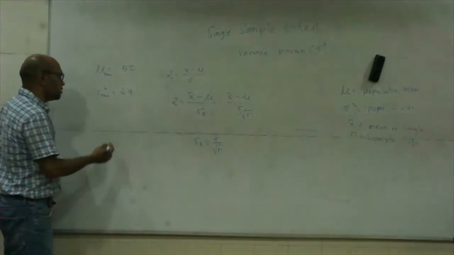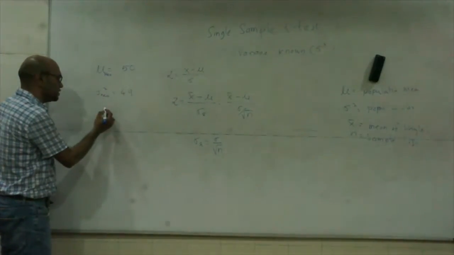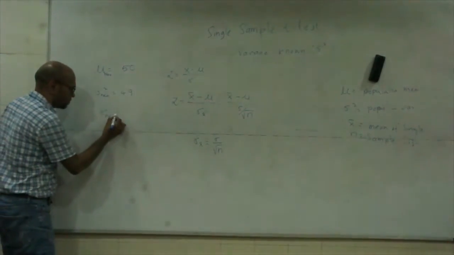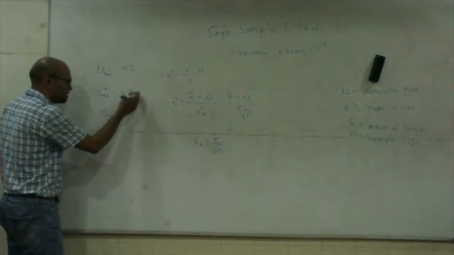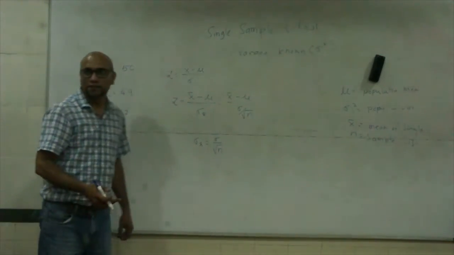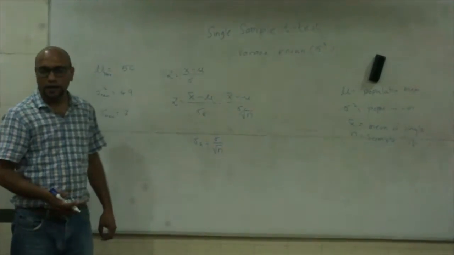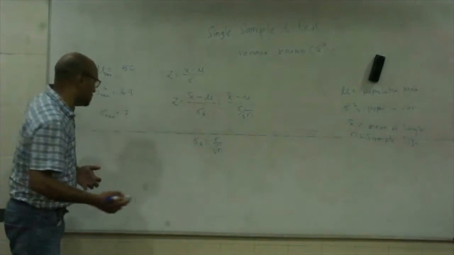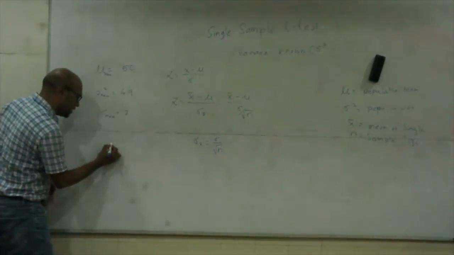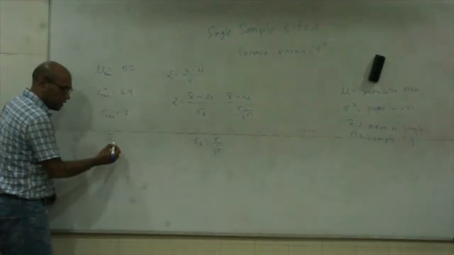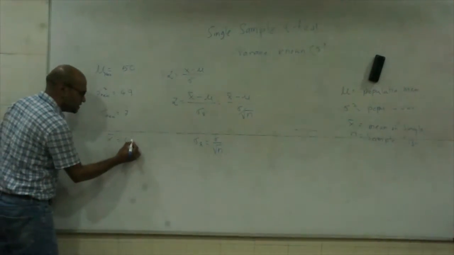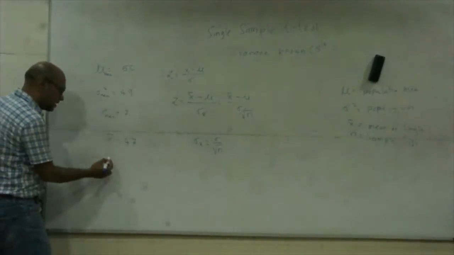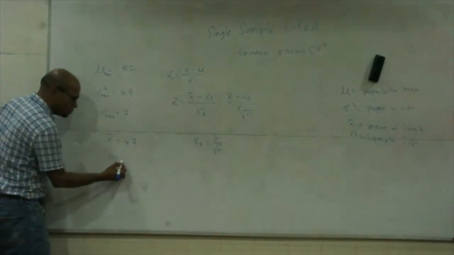So I also know that the standard deviation is 7. I am taking 49 simply because then I get a simple standard deviation 7. Now, suppose I take a single sample. If the sample's mean x bar is say 47, and the n for this problem is suppose 40, right?